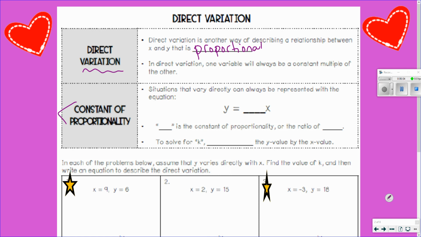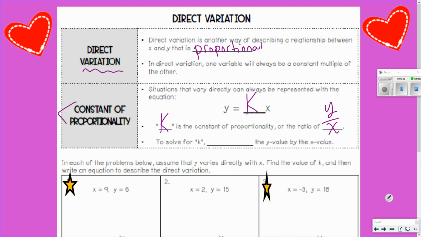Okay, only a few. Okay, at least you're honest. I appreciate you. Situations that vary directly can always be represented with this equation, y equals kx. K is the constant of proportionality, or the ratio of y to x, okay?